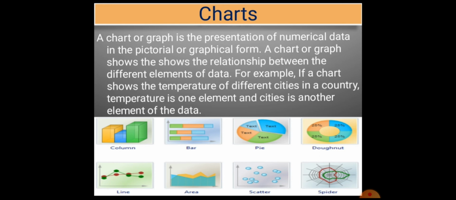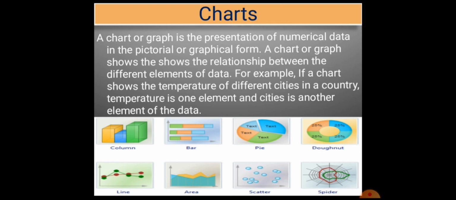In the pictures, we can show this data. In a pictorial form, we can represent our data, or graphically we can represent our data with the help of chart or graph. Chart or graph shows the relationships between what? Between the different elements of data.